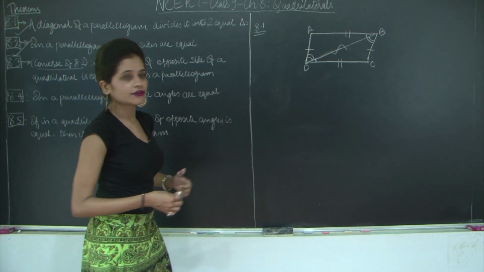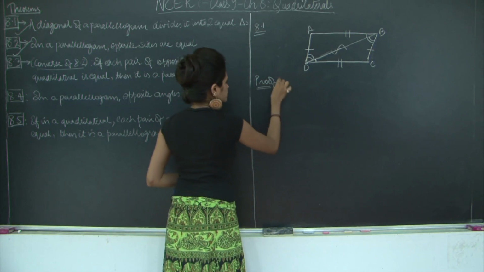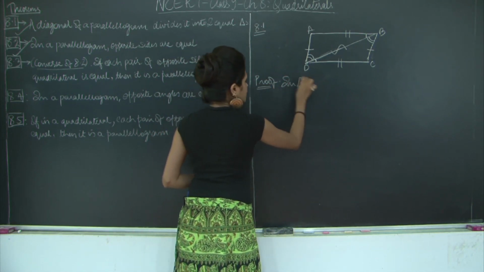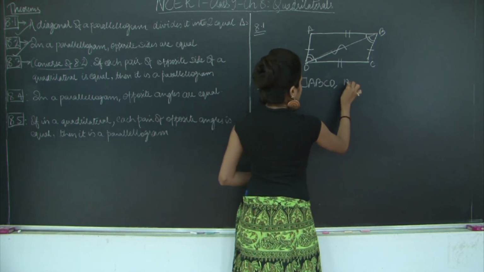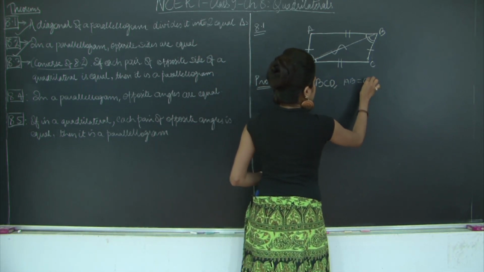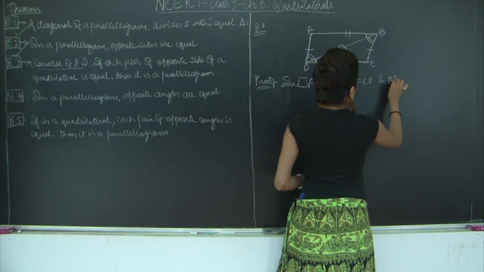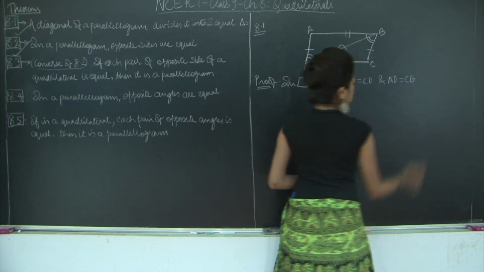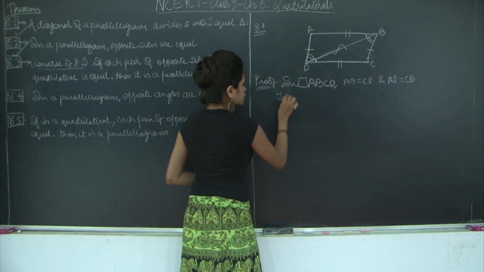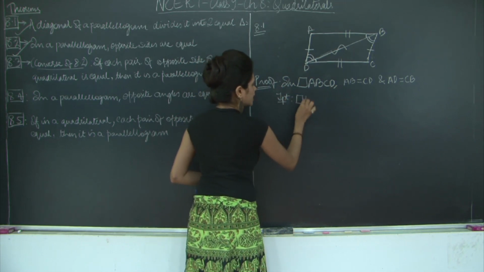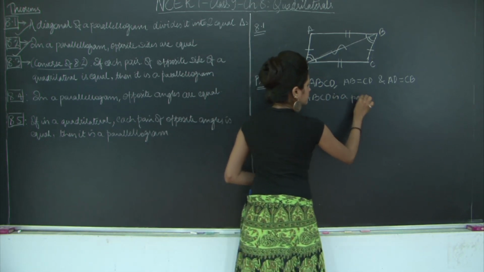Let us go ahead and write this proof. So, I will say proof. In quadrilateral ABCD, AB is equal to CD and AD is equal to CB. This is your given data. We need to prove that quadrilateral ABCD is a parallelogram.